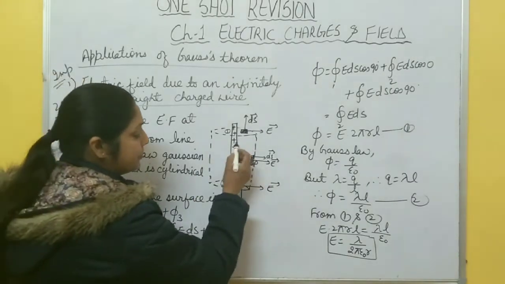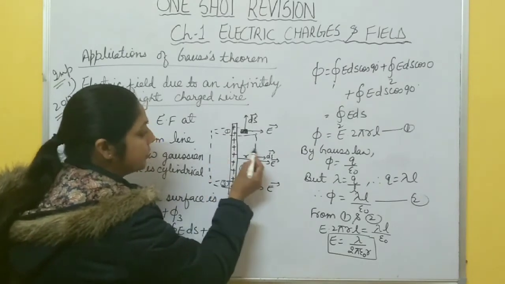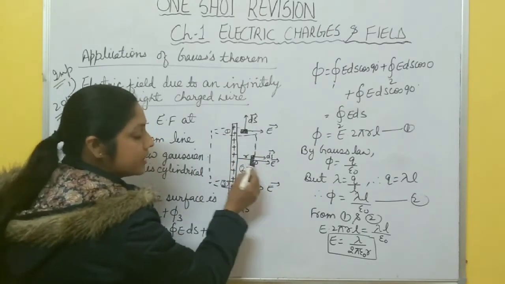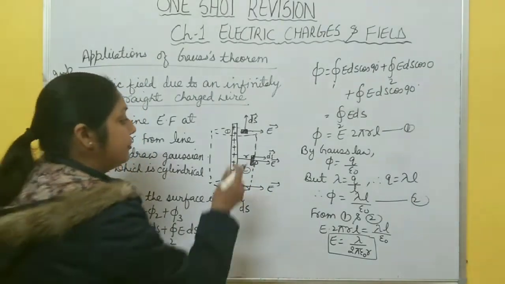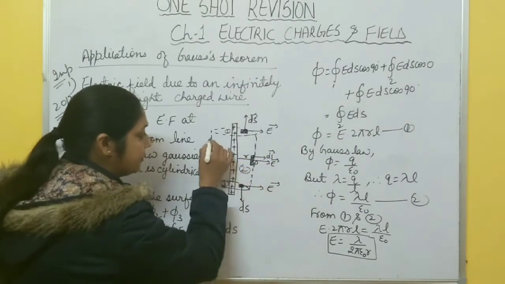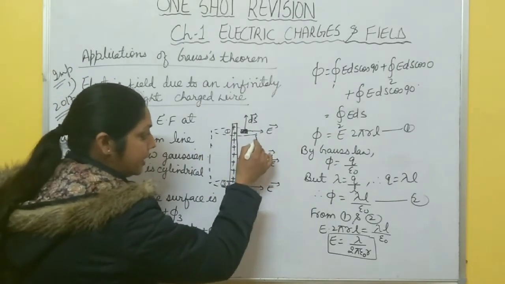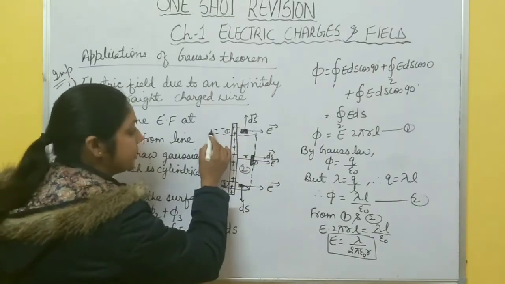So suppose this positive charge is distributed, so at a distance r on both sides, electric field is the same, right? E is k q by r. If distance is the same, then at all these points electric field is also the same. So if you join these points, you get one cylindrical Gaussian surface.